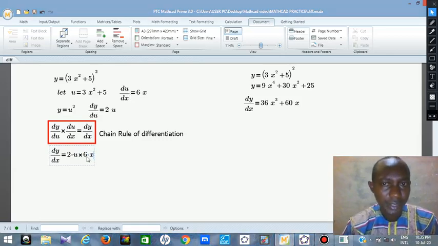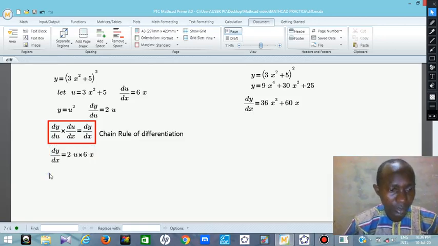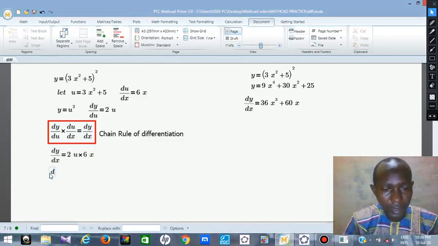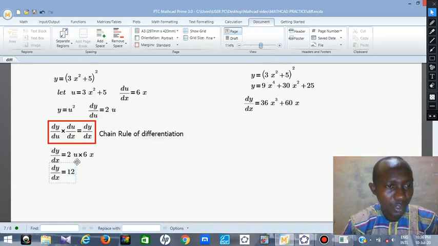Then before we substitute u, let's use 2 to multiply 6. 2 times 6 gives us 12. So dy dx will be equal to 12x times u.